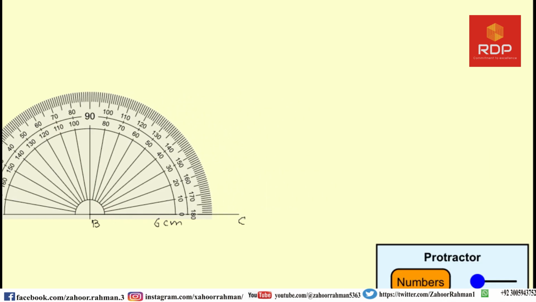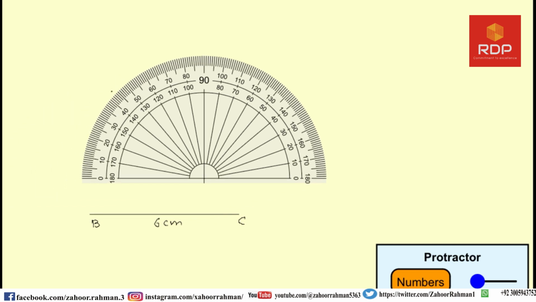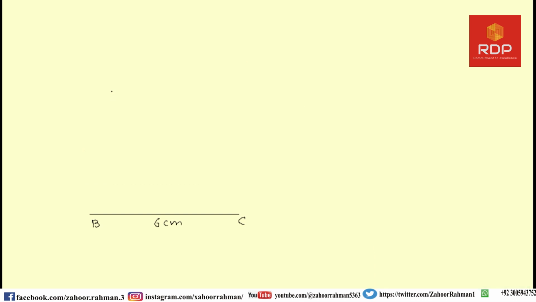So you have to draw an angle of 80, mark it as I did, and then connect this point with a straight line passing through that point, and label it as 80 degrees.